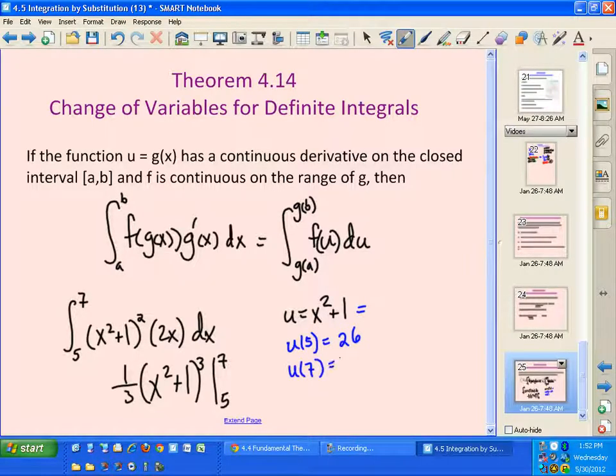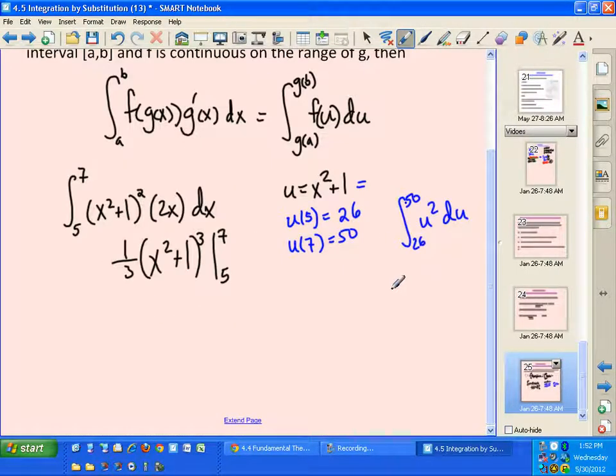Now I would just do the integral from 26 to 50 of u squared du, which means I don't have to resubstitute, and that gives me 1/3 u cubed from 26 to 50.